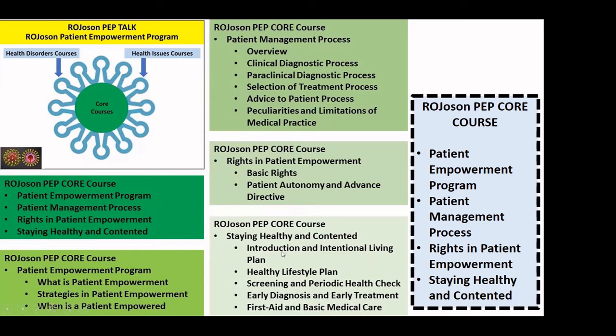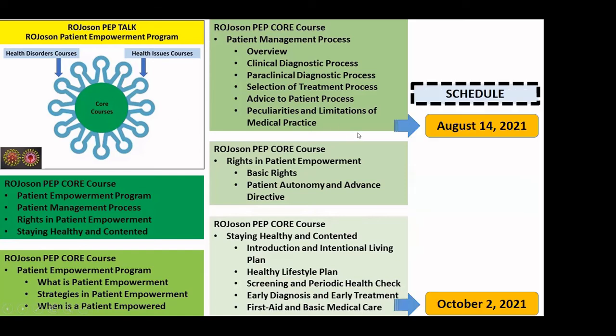The first module will be on introduction and intentional living plan, healthy lifestyle plan, screening and periodic health check, early diagnosis and early treatment, and first aid and basic medical care. So all of these comprise this so-called PEP core course, the one in the center.